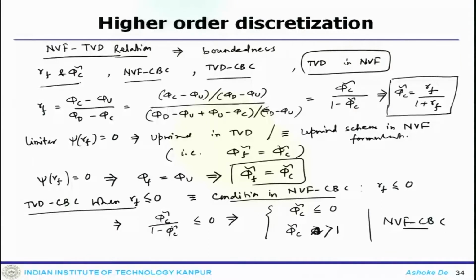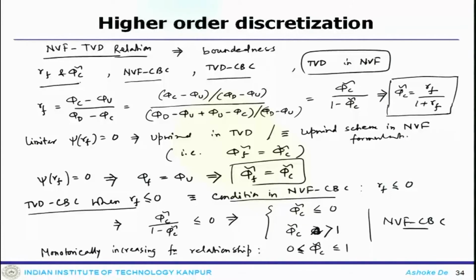Now, in addition to that, on NVF CBC, the monotonically increasing functional relationship has to satisfy this condition, phi c tilde lies between 0 to 1.